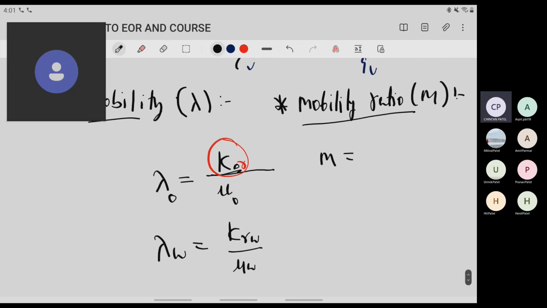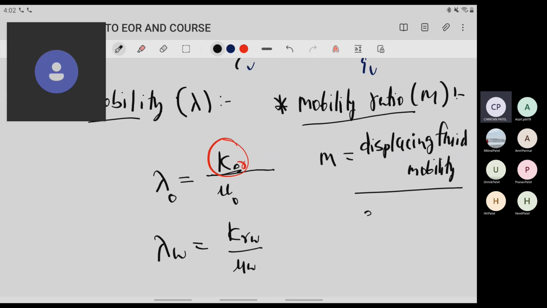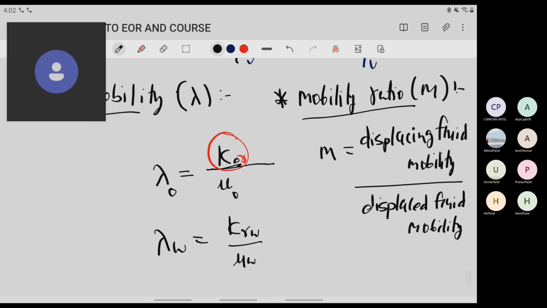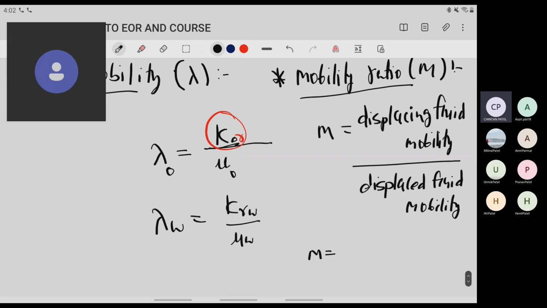But we can say the mobility ratio is the ratio of the displacing fluid mobility to the displaced fluid mobility.